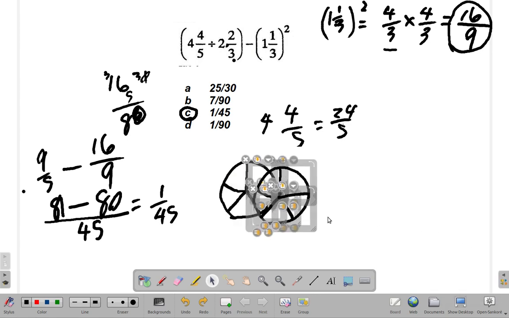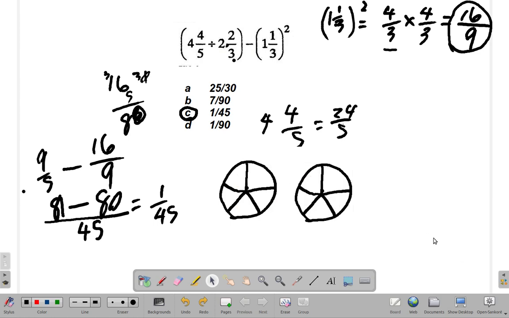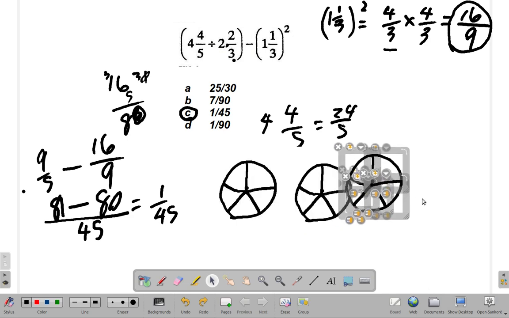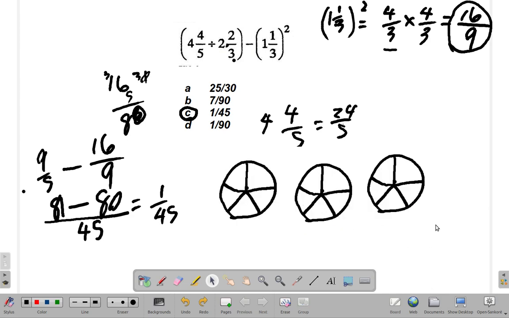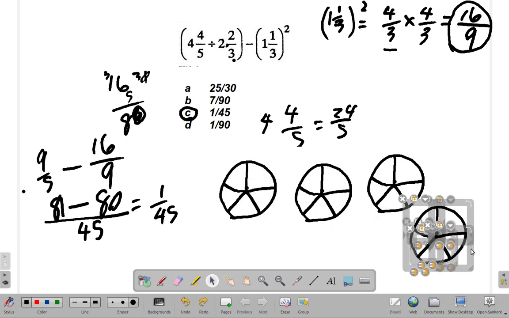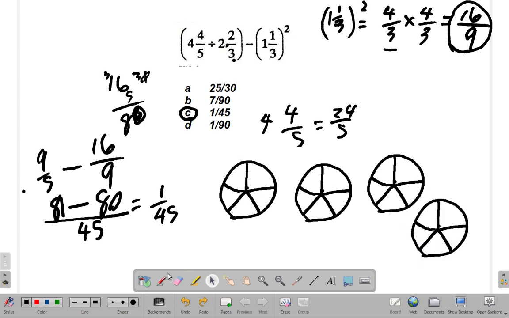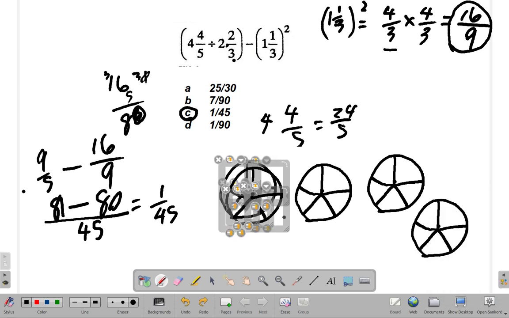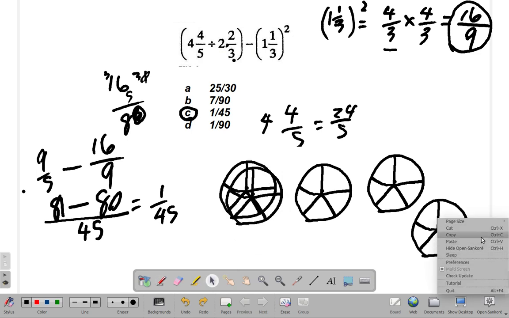Let me put this right here. This one right here. That's 3 of them so far. And this one, running out of space. Let me put this right here. Now that's 4 wholes. I need one more.